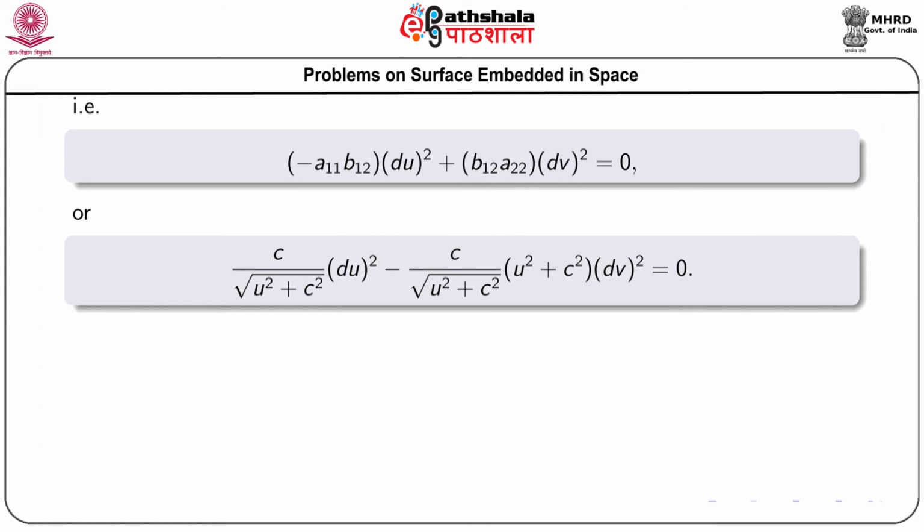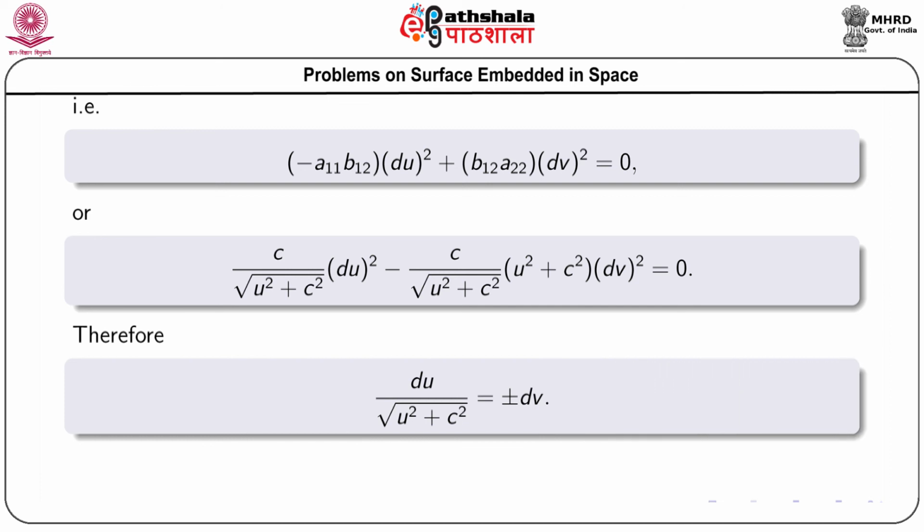Now, putting the values of A11, B12, A22, we get c by root over u square plus c square du square minus c by root over u square plus c square times (u square plus c square) dv square equal to 0.